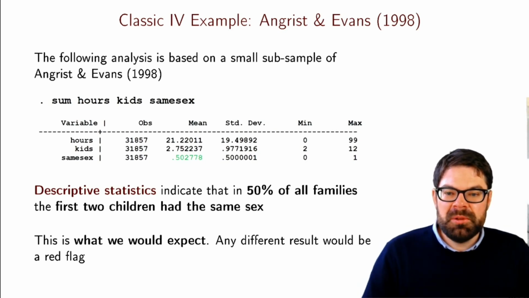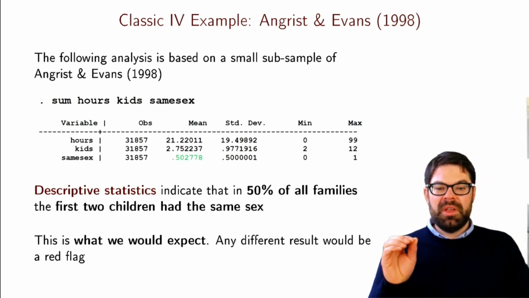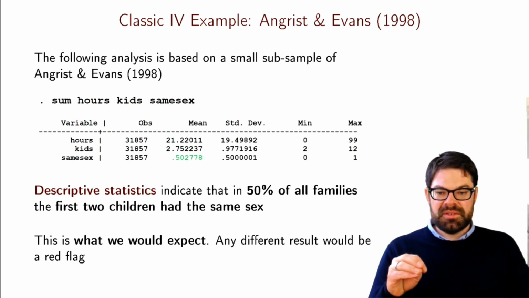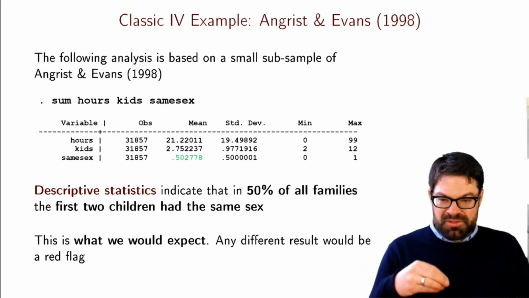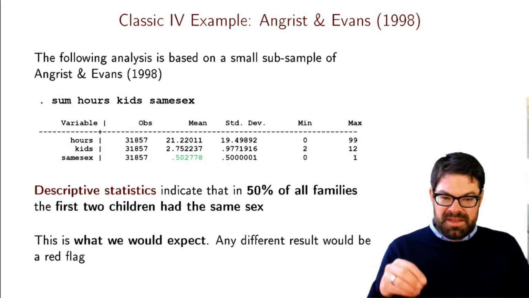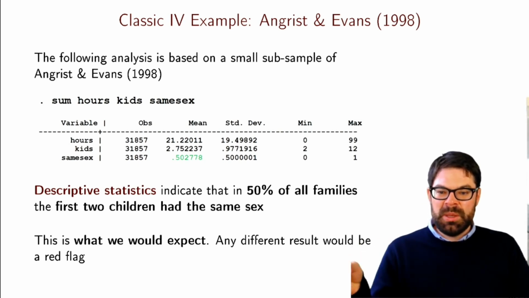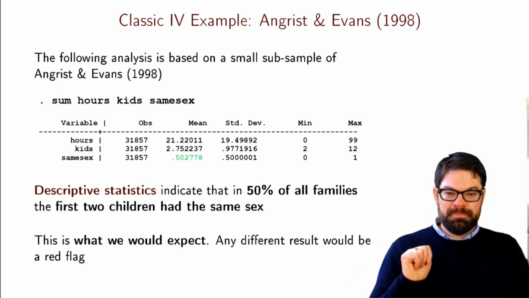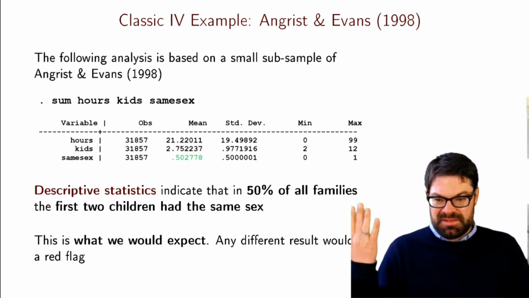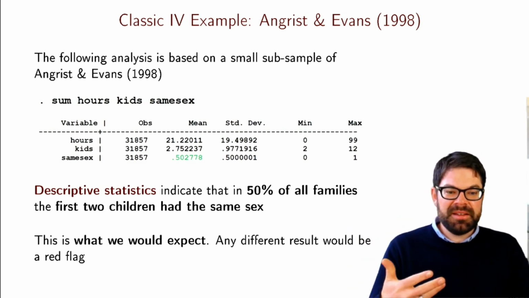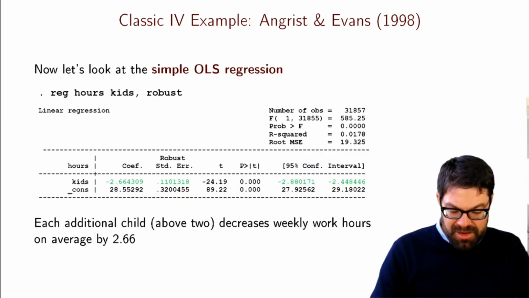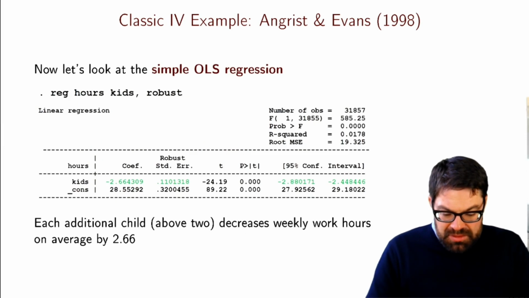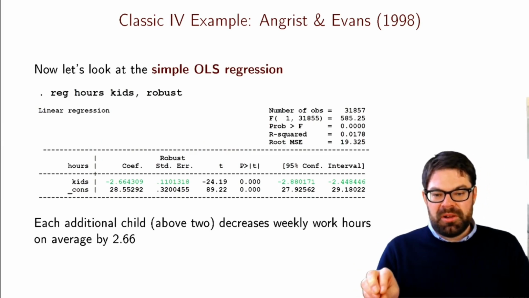Okay? And so when we look at the data, you can actually see this. Roughly 50% of all families with two or more children, the sex of their first two children should be the same. So that's what we would expect, and if that didn't come out, that would obviously be a red flag for our data set. So then let's look at a benchmark OLS regression.